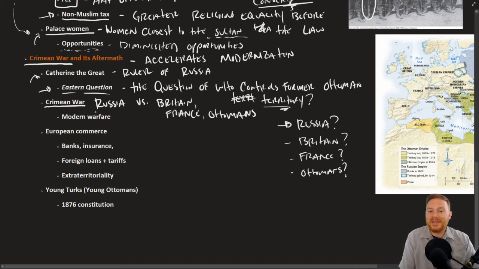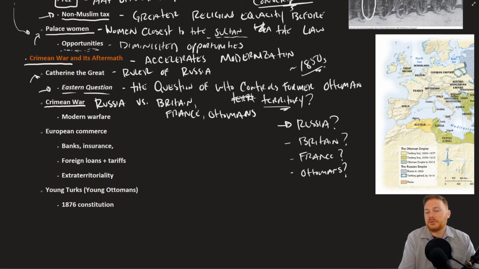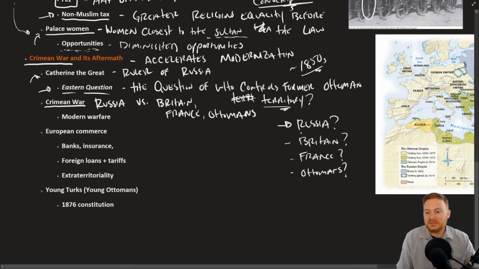Now, recall at this particular time period, roughly the 1850s, this is coming off the back of Russia's defeat of Napoleon, where Napoleon essentially had successfully conquered pretty much everything in Europe. It was the Russians who were powerful enough to stand up to him and defeat him. And so the Russians are seen as the biggest threat in Europe, especially in the post-Napoleonic era.